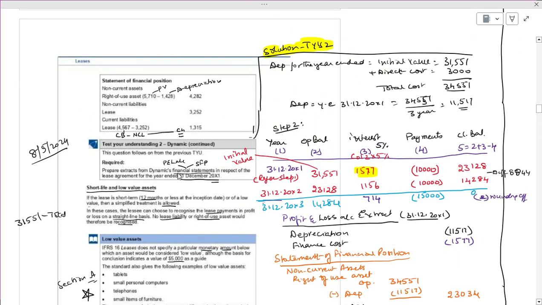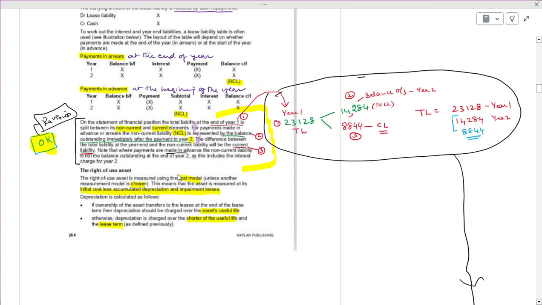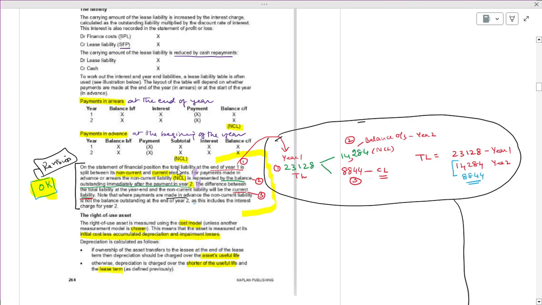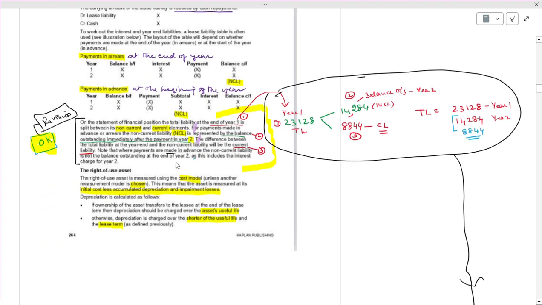I will go back. I know this is the first time you are doing this. See, where is that payment in advance, payment in arrears? The total on payments made in advance or arrears is represented as the balance outstanding immediately after the payment in year 2.